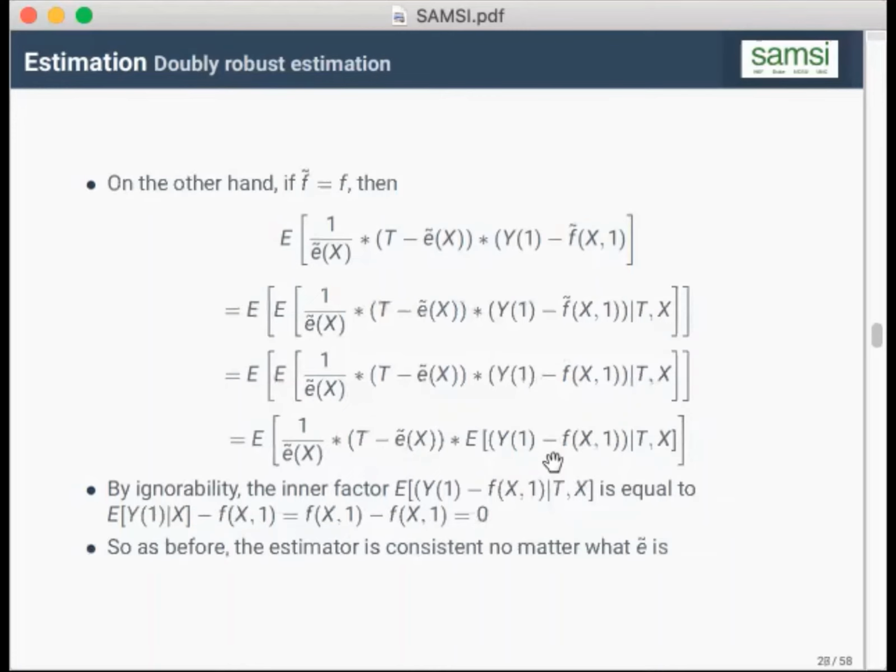All right, what about if the outcome regression model is correctly specified? Then the probability limit of f hat is f, the true outcome regression model, or f tilde equals f.